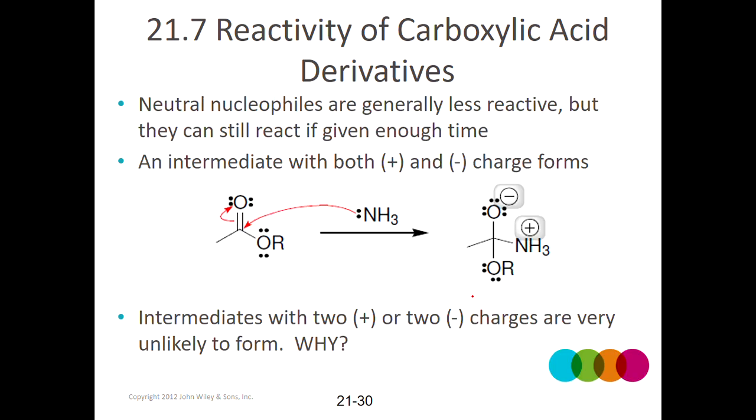So I've been preaching to you about how we want to avoid intermediates with two formal charges. There are exceptions to that, and here is probably the only exception that you really need to know. In this situation, the nitrogen is in this sweet spot.